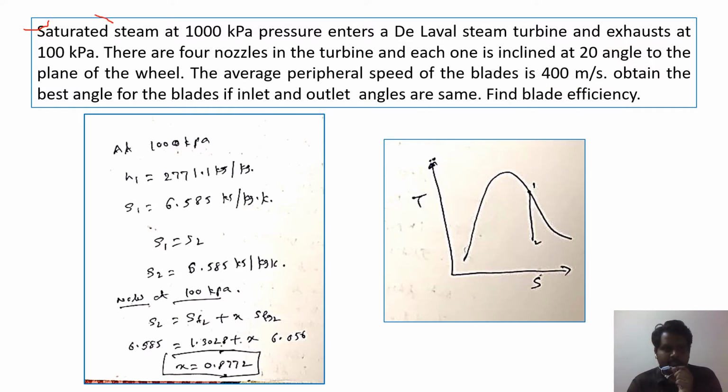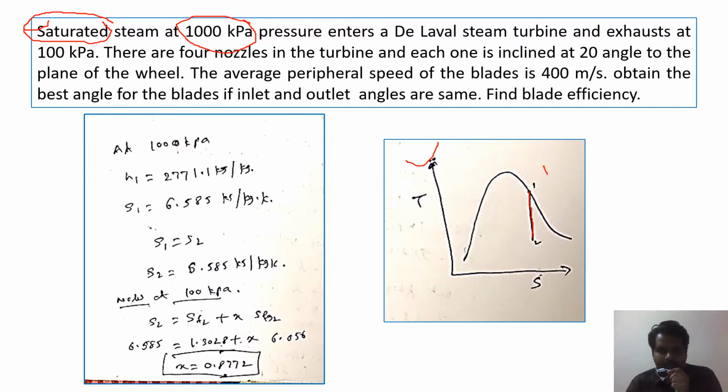In the problem they clearly mentioned that the steam is saturated steam, which is entering into the turbine at a pressure of 1000 kilopascal. As you can see here in the TS diagram, process 1 to 2 is the isentropic process through the turbine. The steam is expanding between 1 and 2.